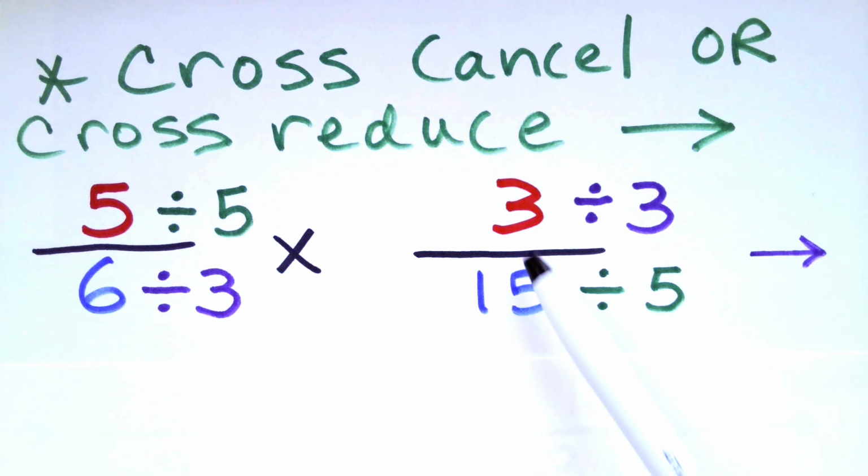Absolutely. If you said 3 can be divided by 3 and 6 can be divided by 3, we can cross-reduce these two values. And if you said 5 can be divided by 5 evenly and 15 can also be divided by 5 evenly, then we can cross-reduce or cross-cancel these values.